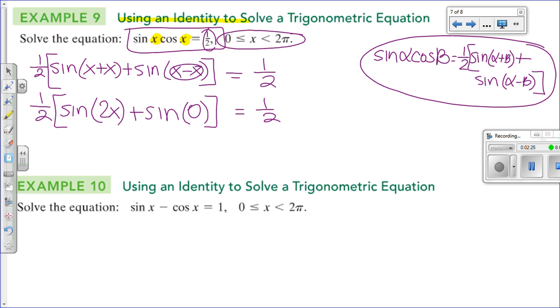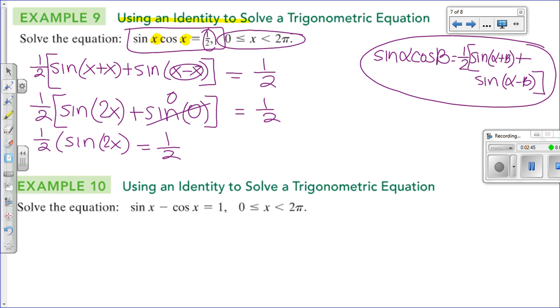Look at your graphs. If you look at the y-axis, it starts right at the origin, so the sine of 0 is 0. So we'll have 1/2 of the sine of 2x is equal to 1/2.